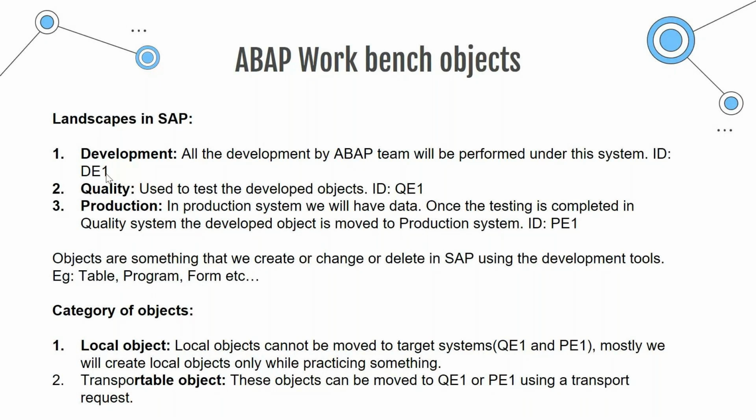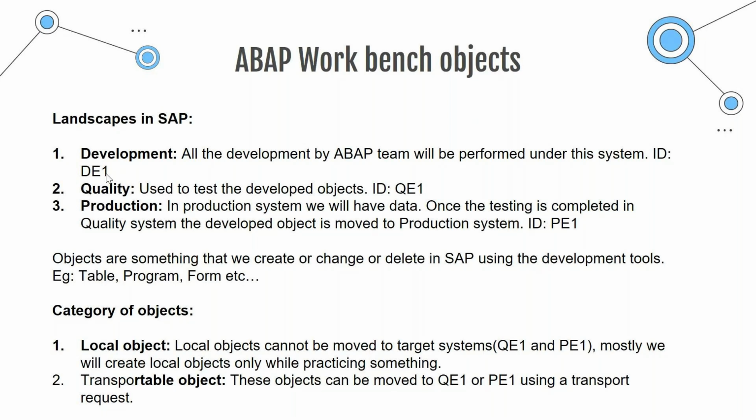So we have to be very careful when we log into the production system. Normally, ABAPers will not get much access in production systems because we have knowledge with which we can manipulate the data in the systems directly.